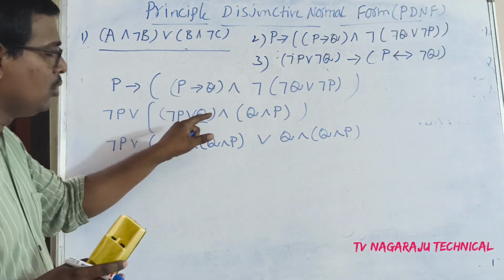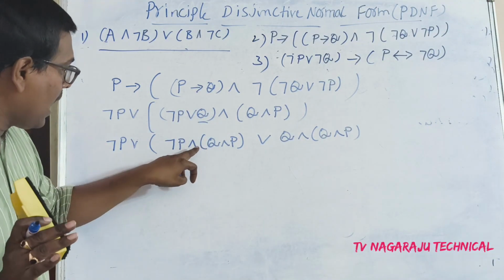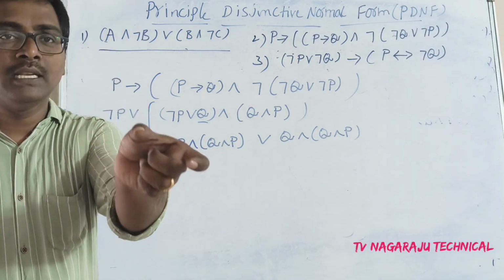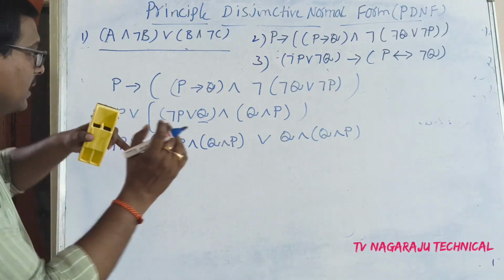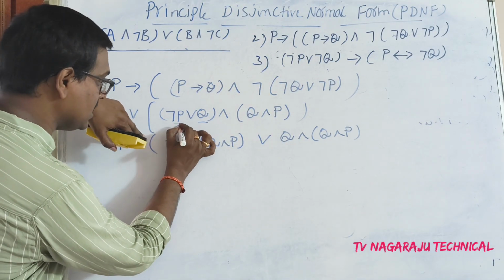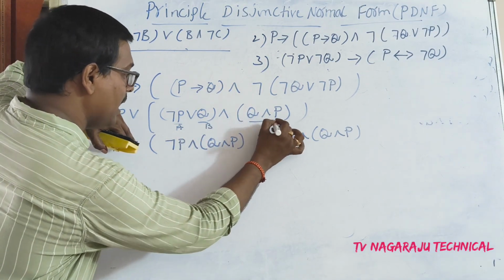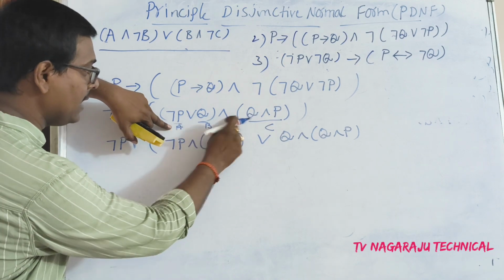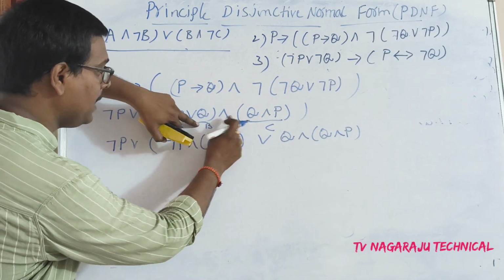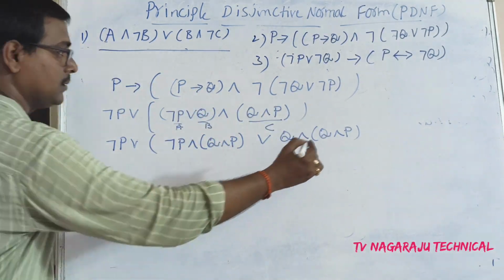Simple thing. Which one you need to take? It is very clear. I need AND product inside or product outside. That is the reason. This is A, this is B, and this is C. A and C or B and C, like this.